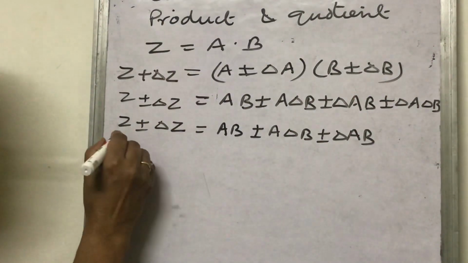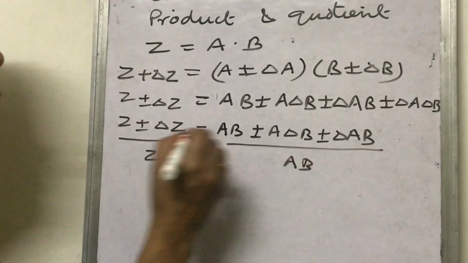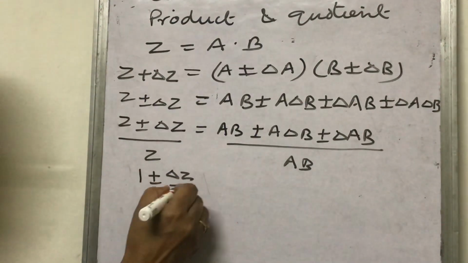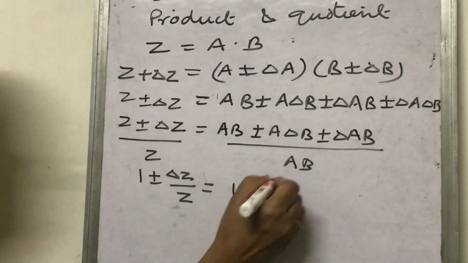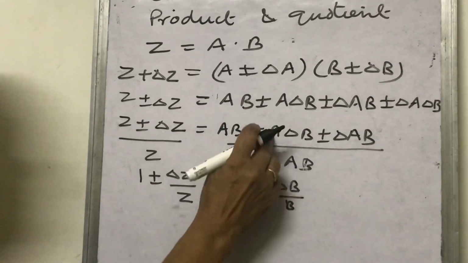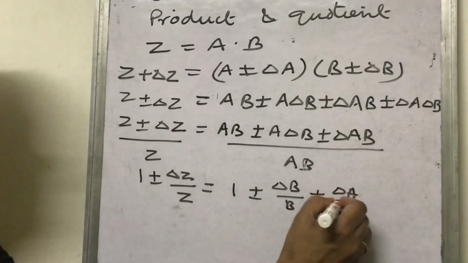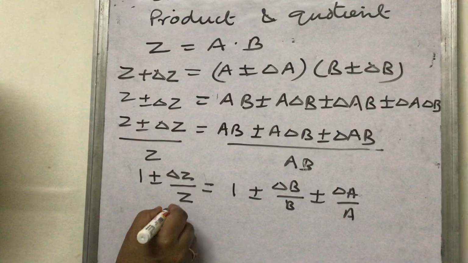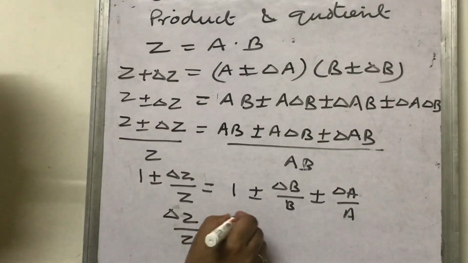Z by Z, you divide here by Z and here by AB. Then this is 1 plus minus delta Z upon Z equal to 1 plus minus delta B upon B, because A and A will be cancelled, plus minus delta A upon A. Here B will be cancelled. Now 1 is cancelled. What is left here? This is delta Z upon Z equal to delta A upon A.